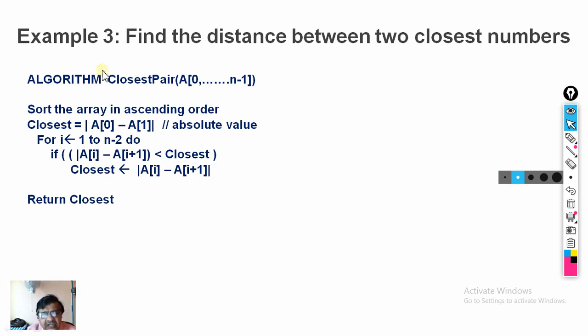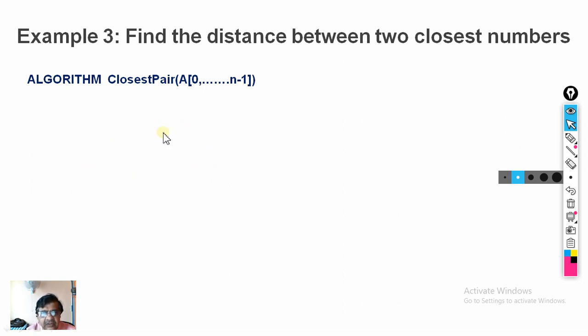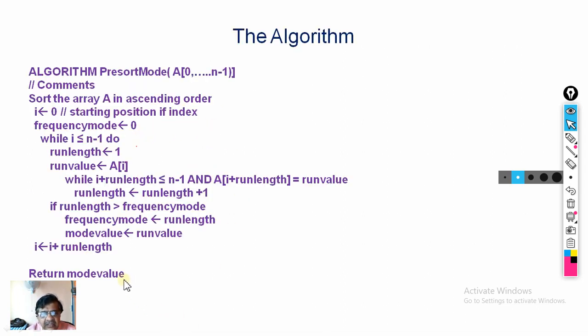Okay, and this, as you can see, has a complexity that is needed to sort the array itself. In the previous case also, the complexity of mode, we will just estimate this anyway for the sake of clarity and completeness.